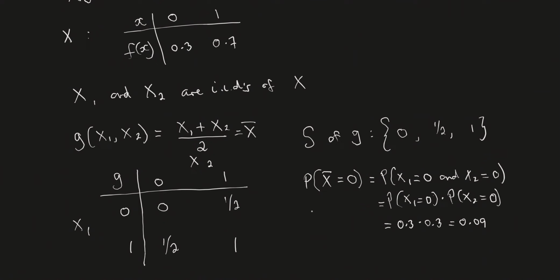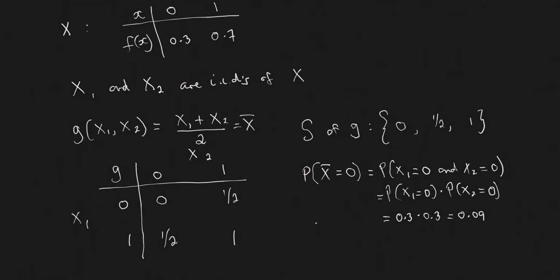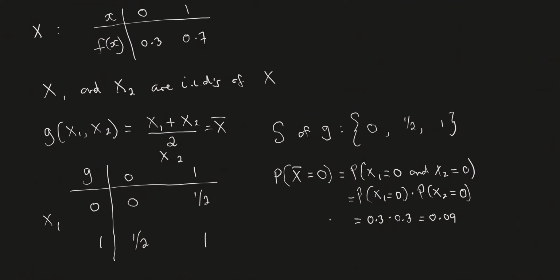And then we continue doing that, asking ourselves, what is the probability that the mean is equal to 1/2? Well, there are two ways that can happen.